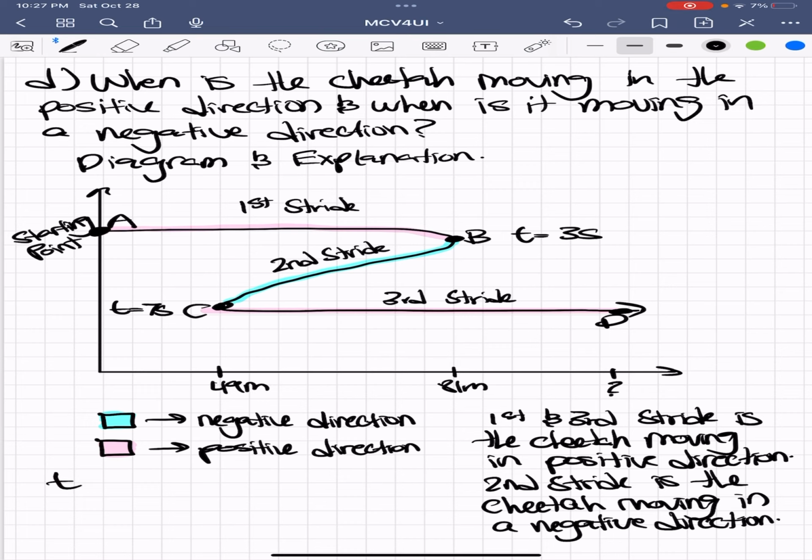So if the time is less than 3 seconds, and if the time is greater than 7 seconds, then the cheetah is moving in a positive direction.